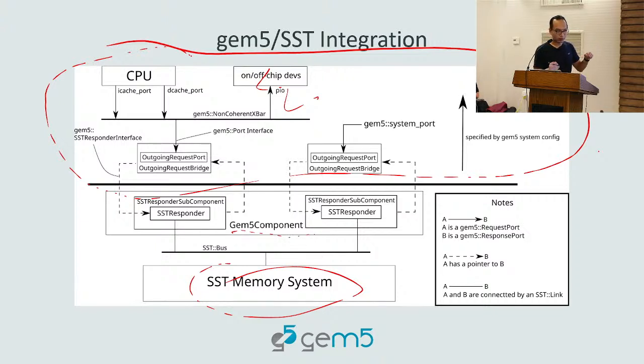In this case, we implemented the outgoing request bridge, which is connected to the gem5 component by the SST responder, which implements the SST responder interface. We have two of them.